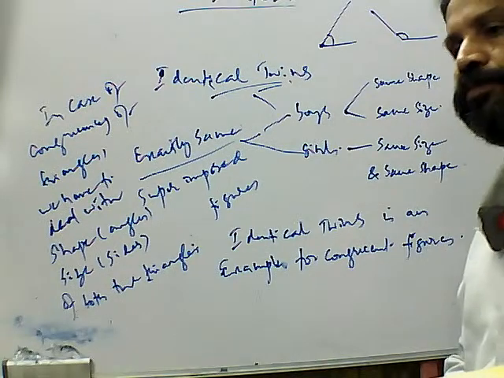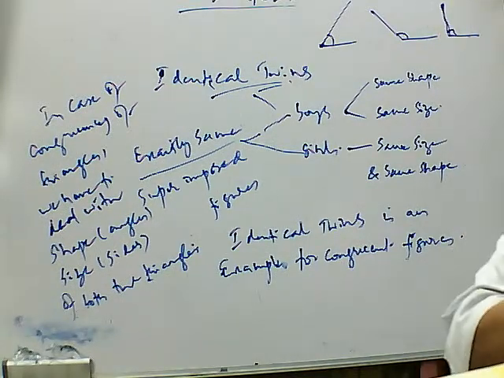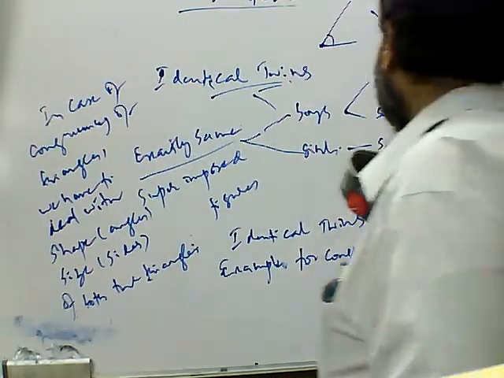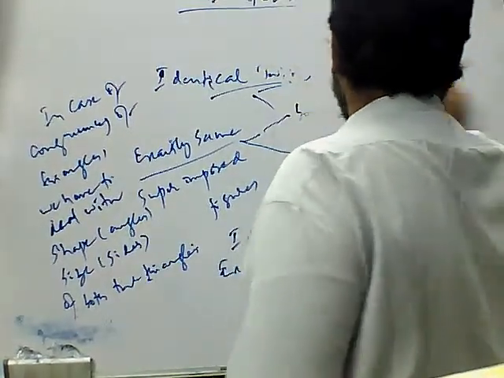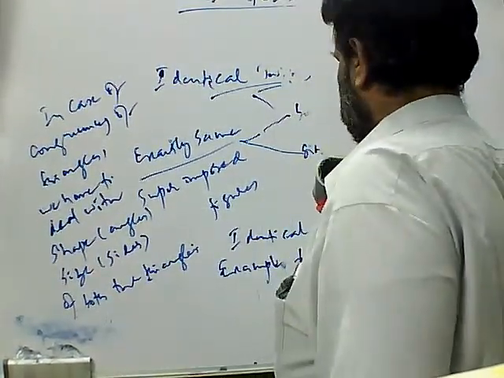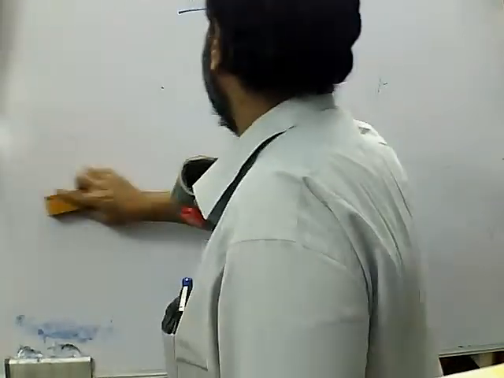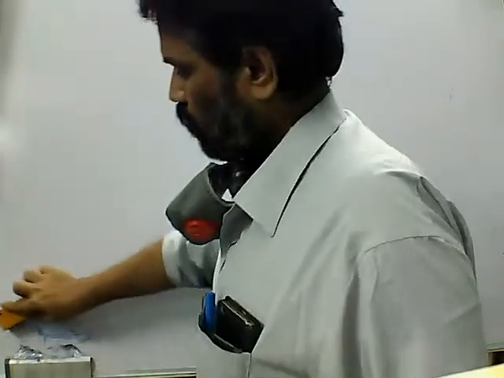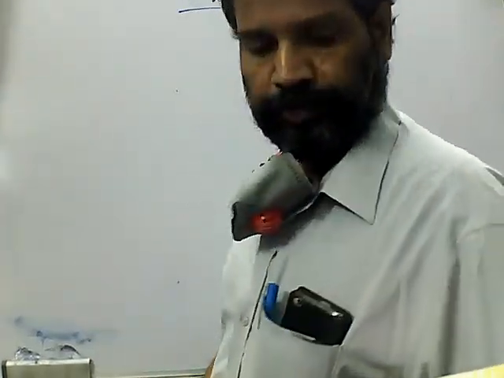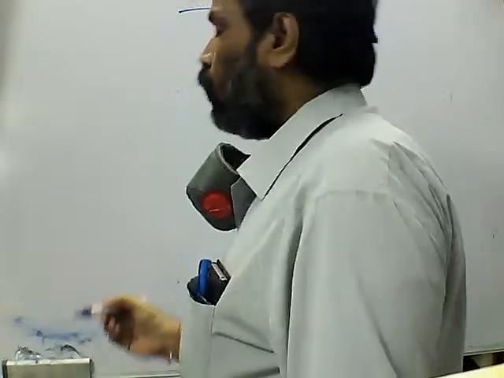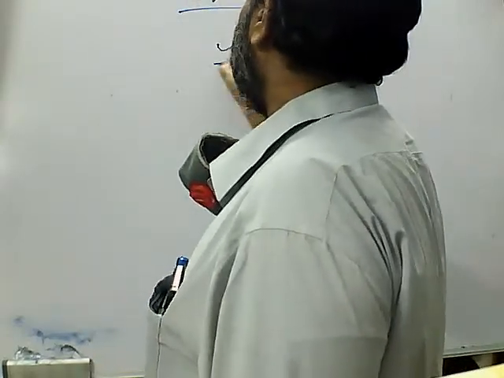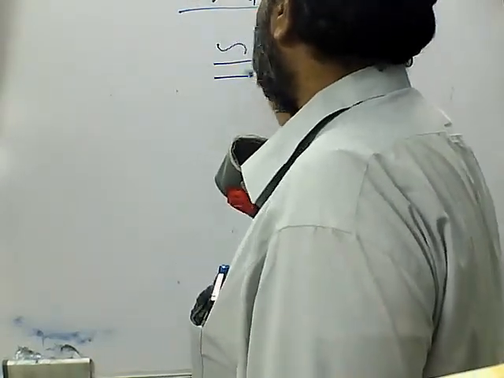Okay, noted? Right. Now we continue. Now see here, what I told you: the symbol for congruency is one similar and equal.